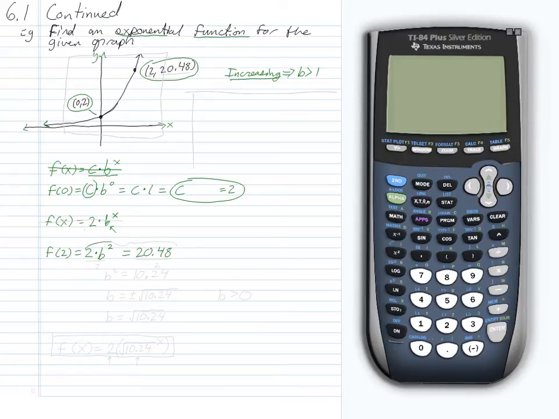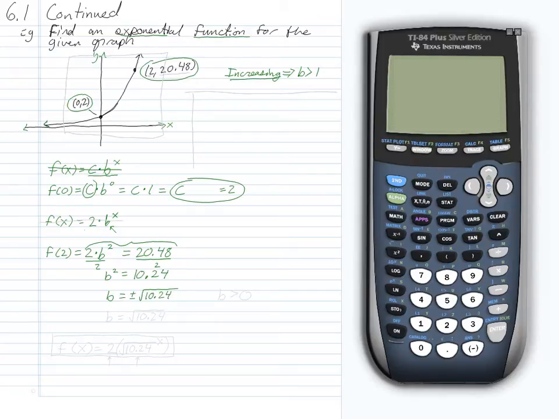Alright, now this equation, we can solve for b quite easily. This is a quadratic equation in b. If we divide both sides by 2, we get b squared equals 10.24. So b itself is the positive or negative square root of 10.24.